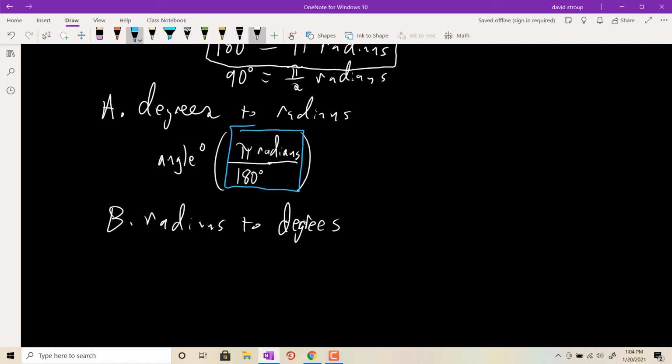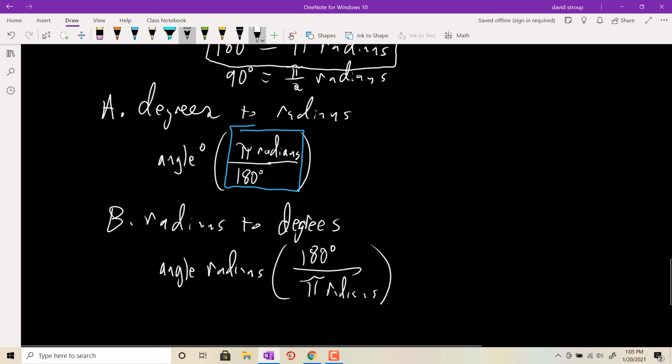If you're going then from radians to degrees, you'll begin with some angle in terms of radians. And then you're going to multiply so the radians kind of cancel out. So this time you need 180 in the numerator and the pi in the denominator. But the conversion factor, again, the main part that we need is this part here.